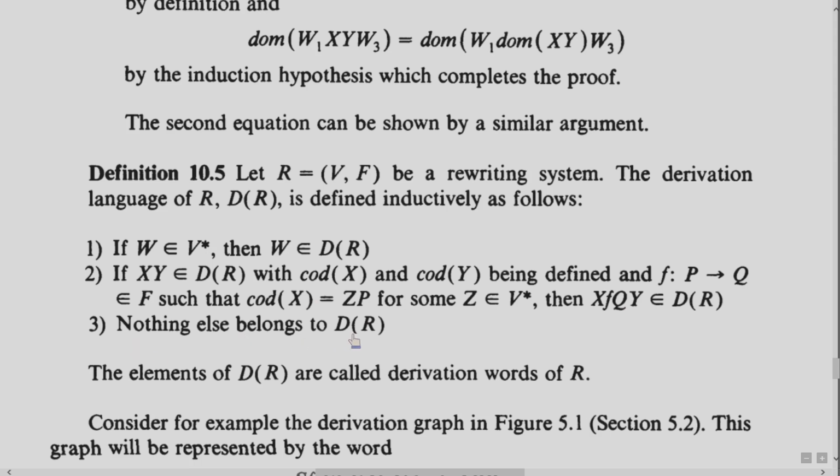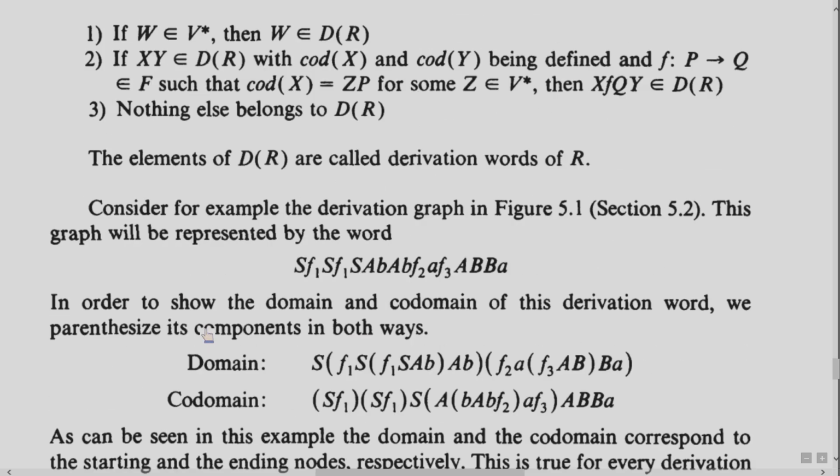Following these conditions, this word can be said to belong to the derivation language. And thirdly, nothing else belongs to the derivation language. If these rules are not followed, then the word is not a part of the language.